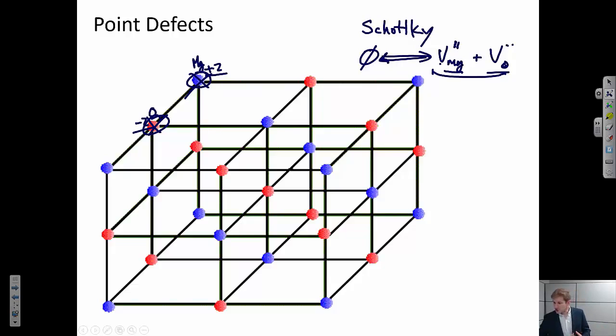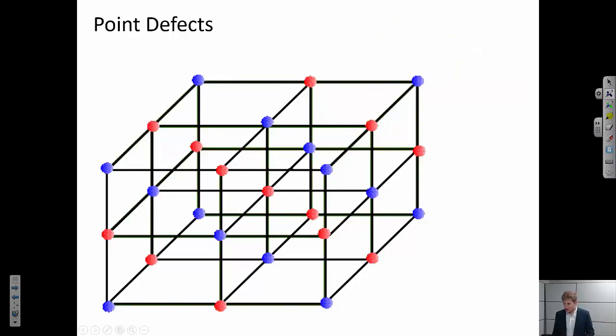So -2 charge is written by 2 dashes up here. Similarly, a vacancy of an oxygen would have 2 positive charge, so we notate that by 2 dots up here. So this would be a single magnesium vacancy, a single oxygen vacancy, but again, the Schottky defect is where we have the case of the paired vacancies.